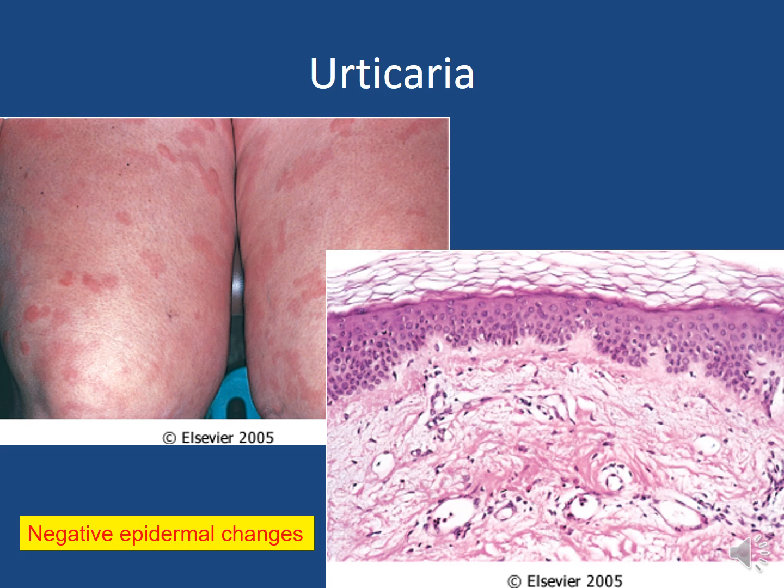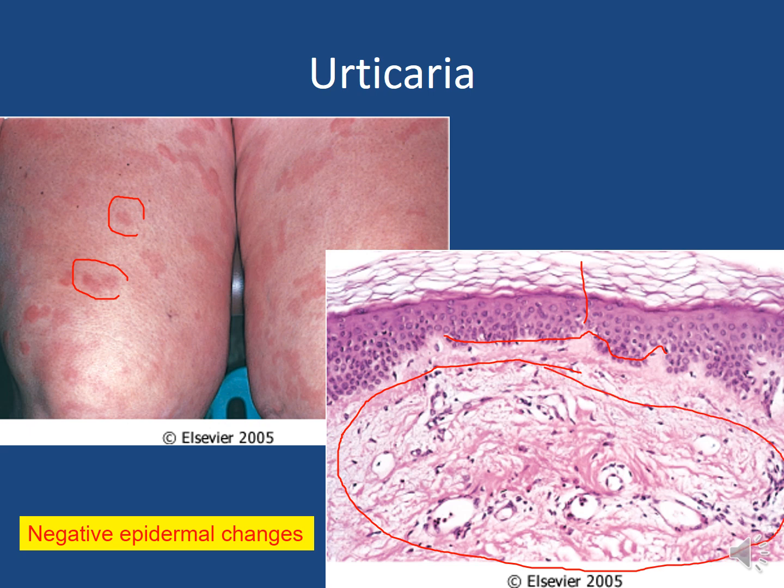Okay, characteristic wheals that will be seen in urticaria. Under the microscope, what you will be able to see in urticaria is normal epidermis. There will be no abnormality seen in the epidermis. The abnormality will be localized in the dermis.